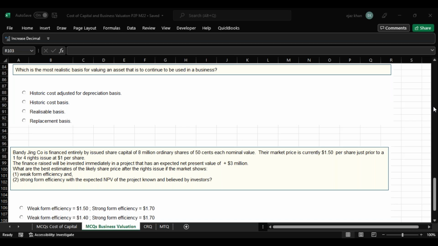If any information is publicly available, the investors in the stock market will also know about it, and stock market prices will always reflect that information as well.